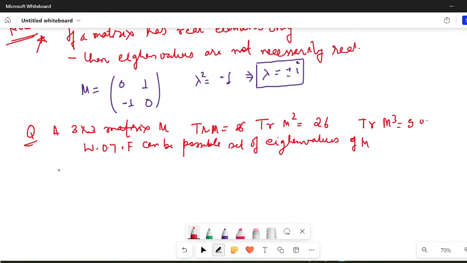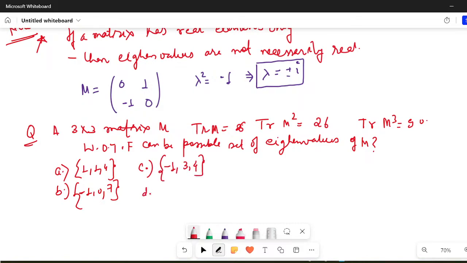Whenever I write WOTF, it implies "which of the following". So I'm giving you the first option as 1, 1, 4. The second option is minus 1, 0, 7. The third option is minus 1, 3, 4. And the fourth option is 2, 2, 2. Okay, so these are the options.